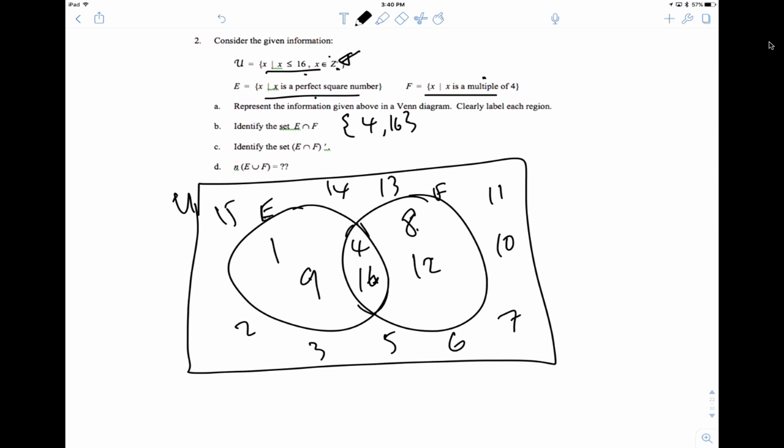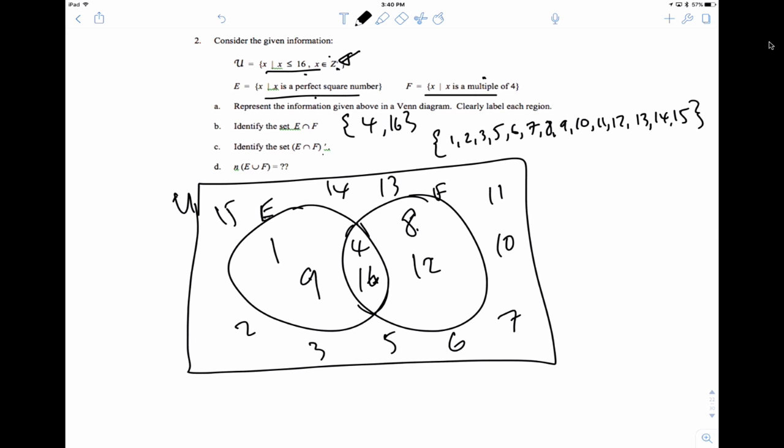16. And then identify the set which is not F. Well, this is the set of everything that's not 4 and 16. So there you go. And the number, oh, hold on.